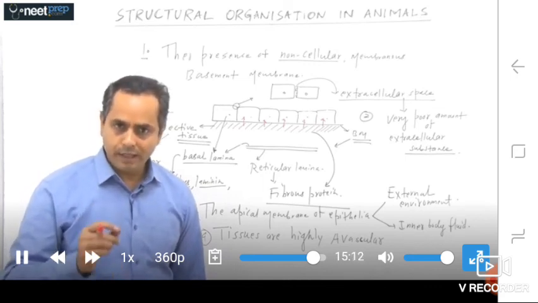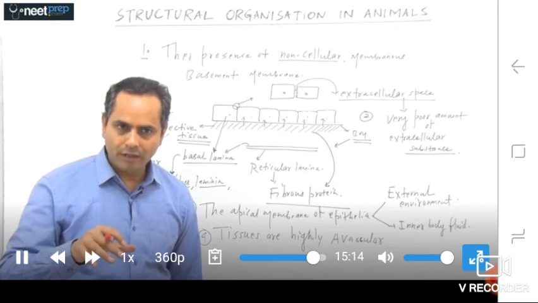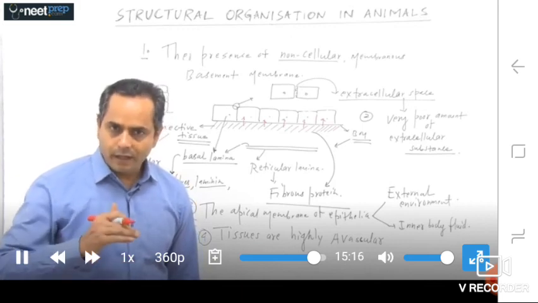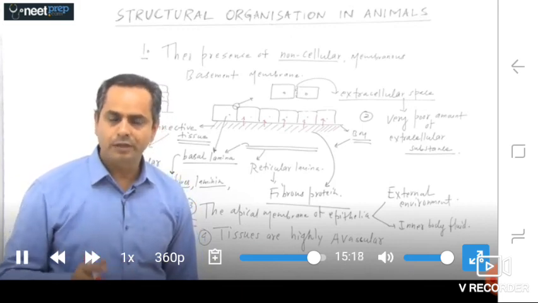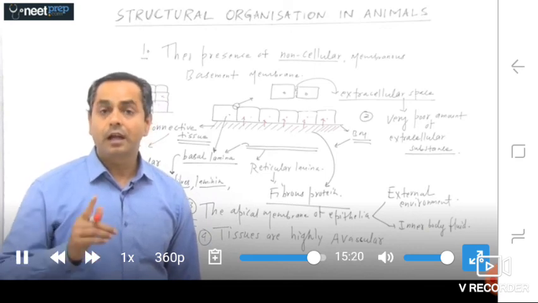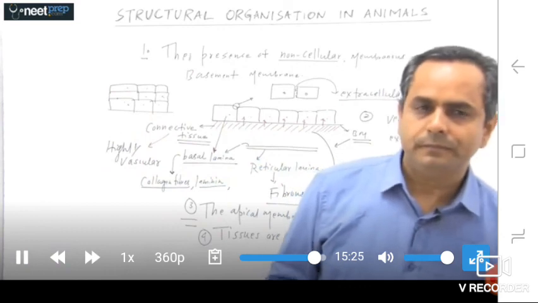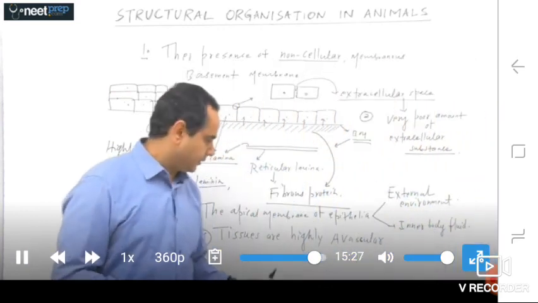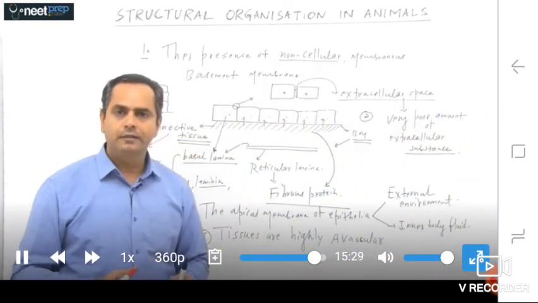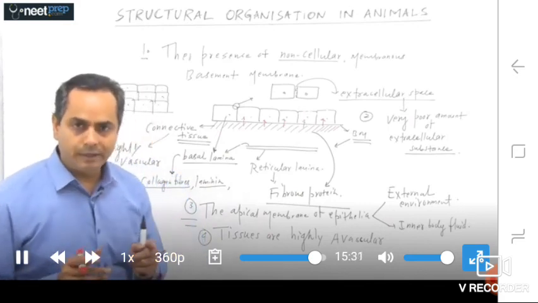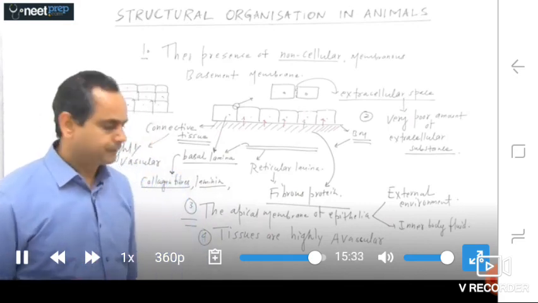So epithelial tissues are avascular, but they get their supply from the underlying connective tissues, because connective tissues are highly vascular.